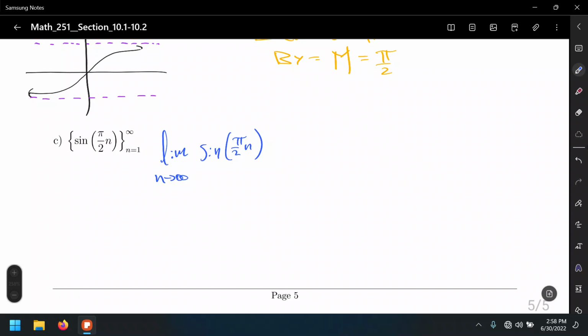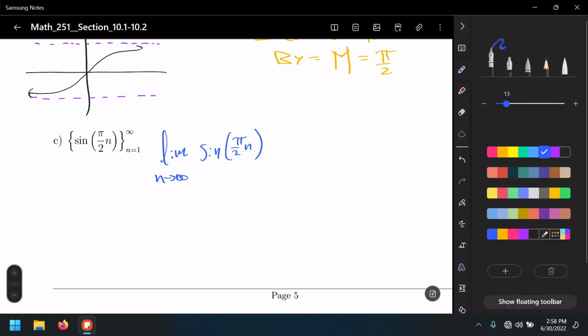Any ideas about this one? Is it bounded by both? By both, so we're going to have both upper and lower bounds, bounded above and bounded below. So this one we will simply call bounded.